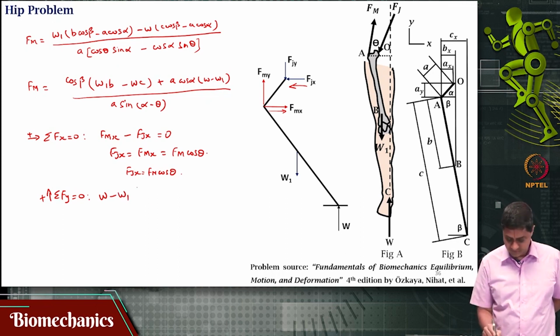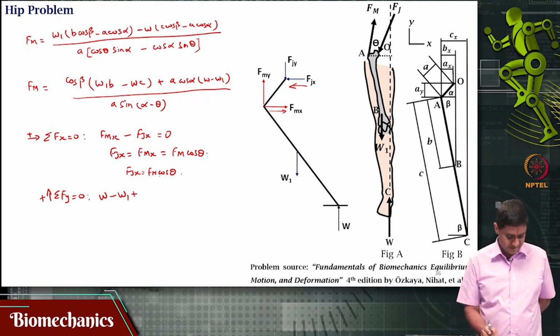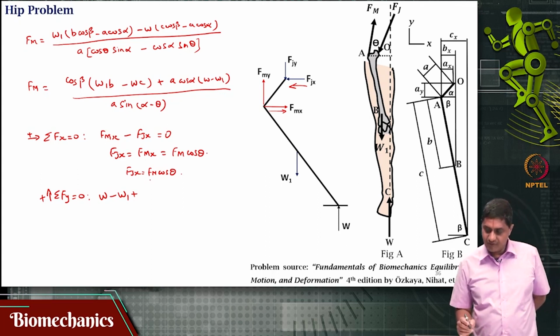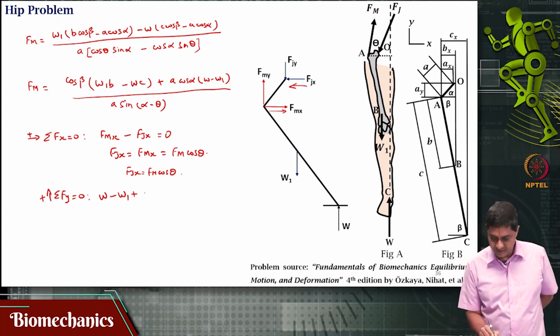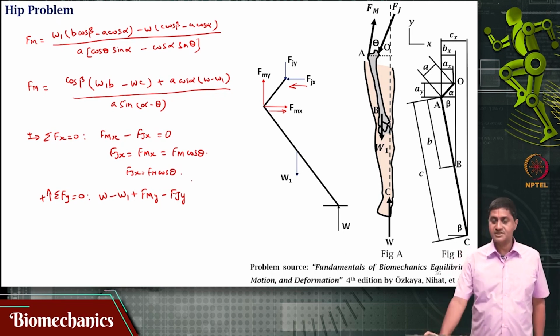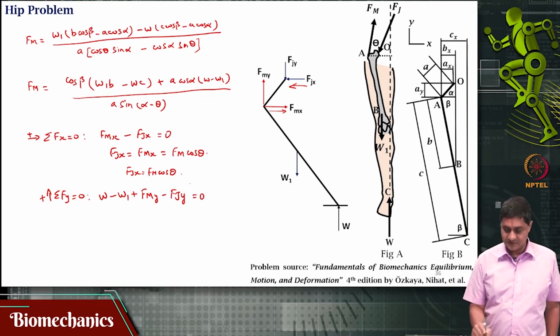W minus W1 plus what else? Fmy is in positive y direction, plus Fmy minus Fjy. Any other forces along the y direction? The answer is no. This whole thing is 0.